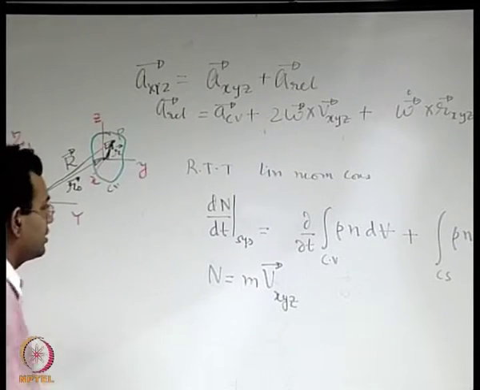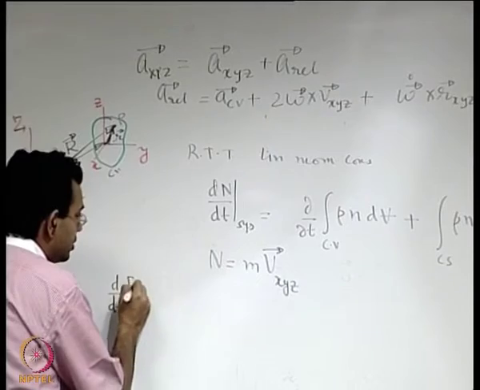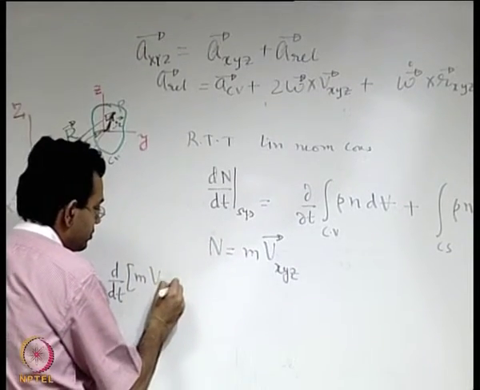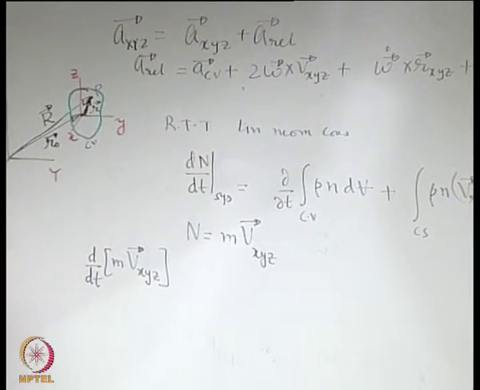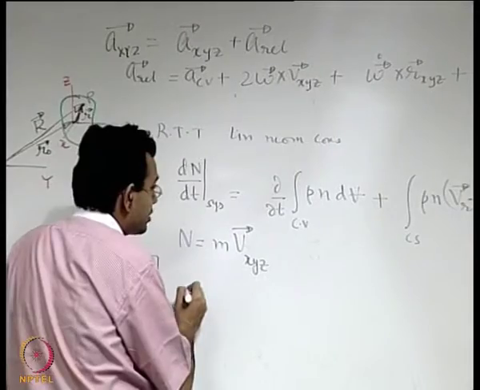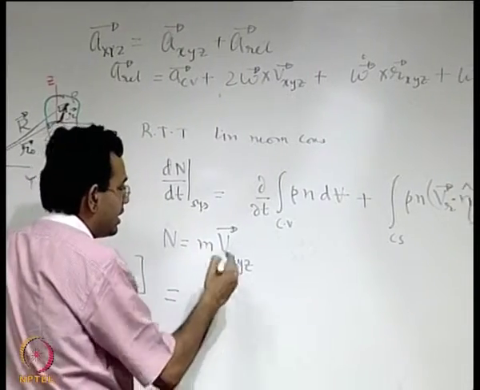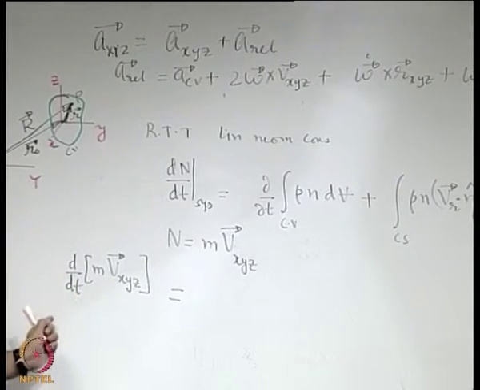So, when we write that, the left hand side becomes d dt of m. Let us first write the right hand side, and then we will see whether the way in which we have written the left hand side is the proper way or not.